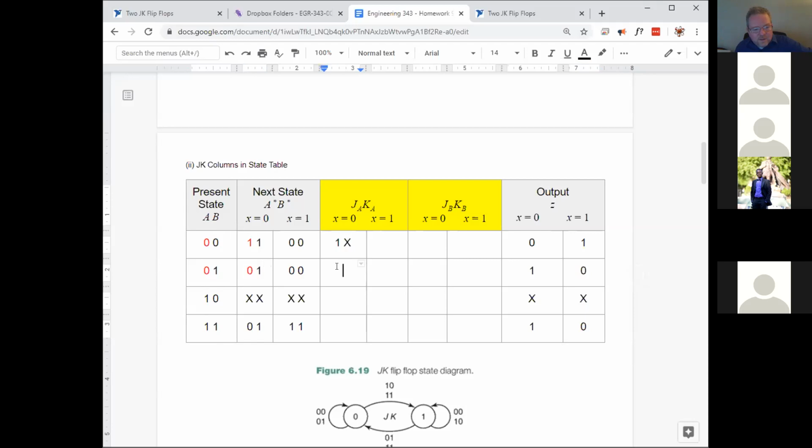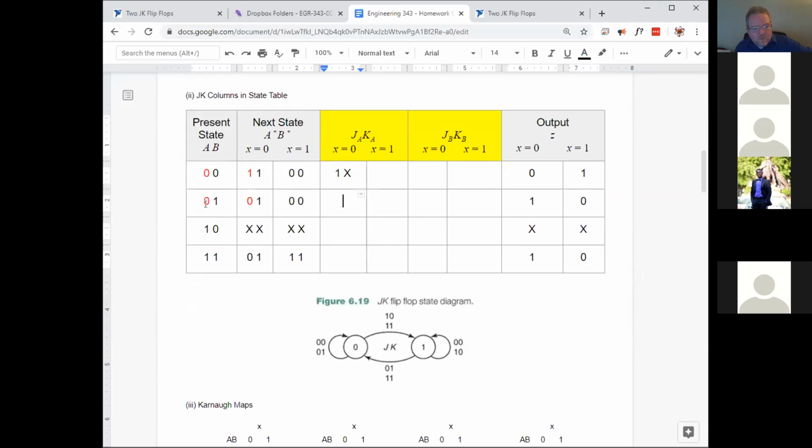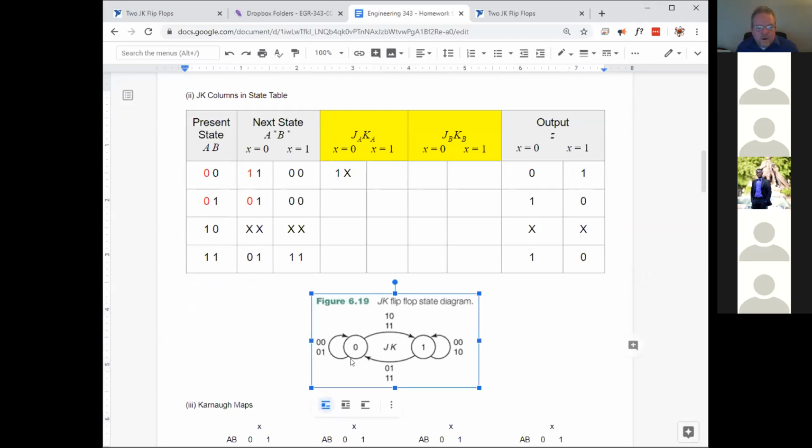Can anybody tell me what I would do? What kind of value of J and K, JA and KA, would be if I'm going 0 and I need to have it stay 0? What should I type in right there? 0x. 0x. So I need to stay right there.